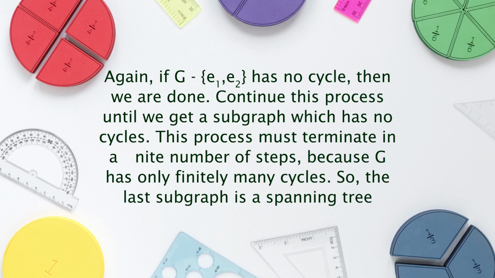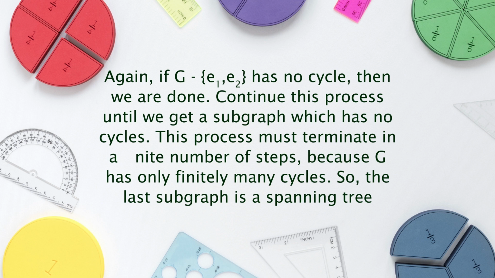So if G minus E1 E2 has no cycle, then we are done. Otherwise we can continue this process until we get a subgraph which has no cycles, right? And this process must terminate in a finite number of steps. Why? Because G is a finite graph, it has only finitely many cycles.